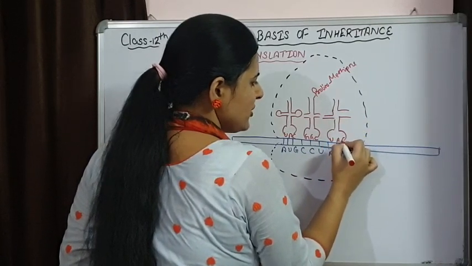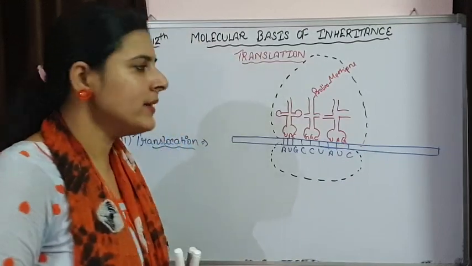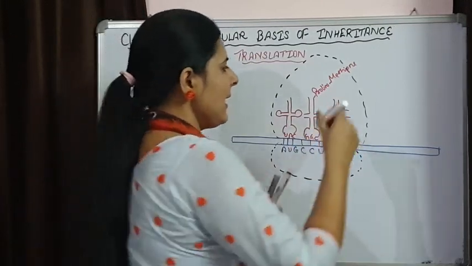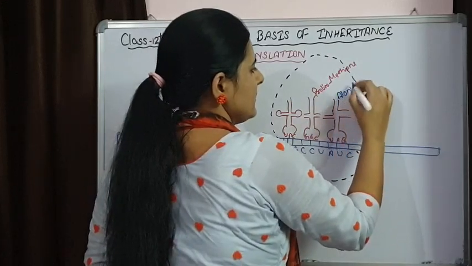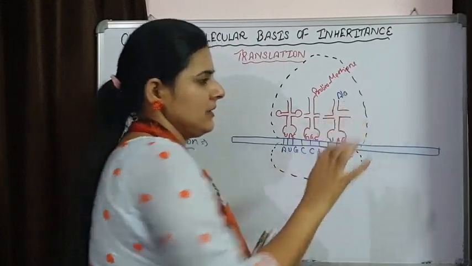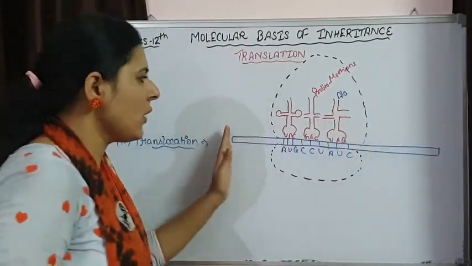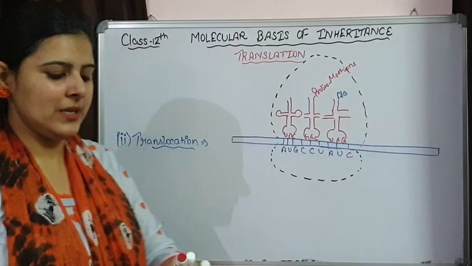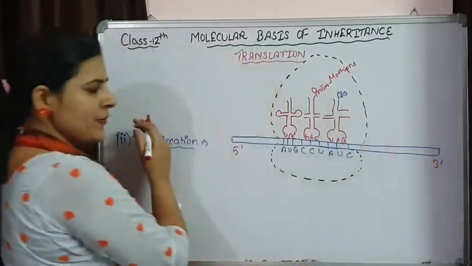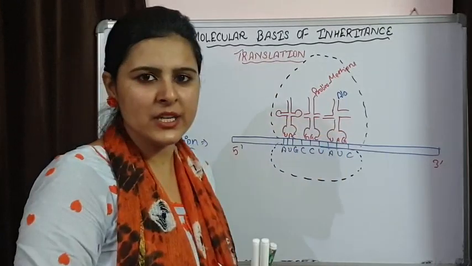It's UAG, and here an amino acid is present, say alanine. I am just writing ALA. So the third one is alanine. Fine, this is how translocation is taking place, and the movement of mRNA is again from 5' to 3' direction.